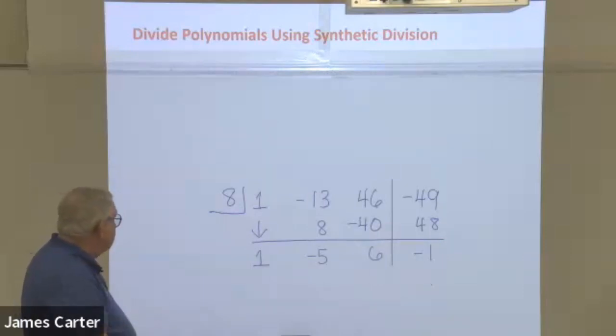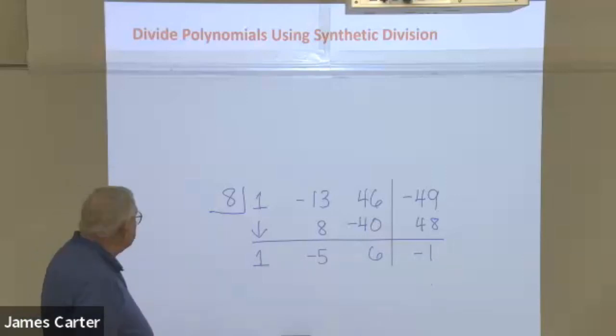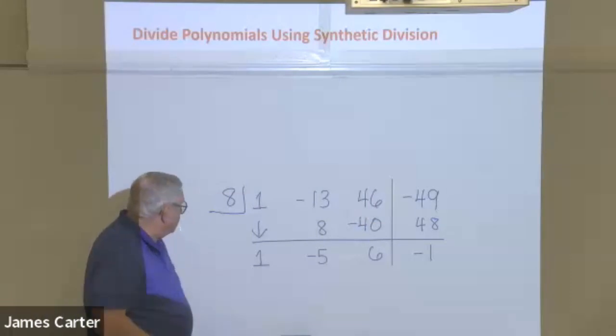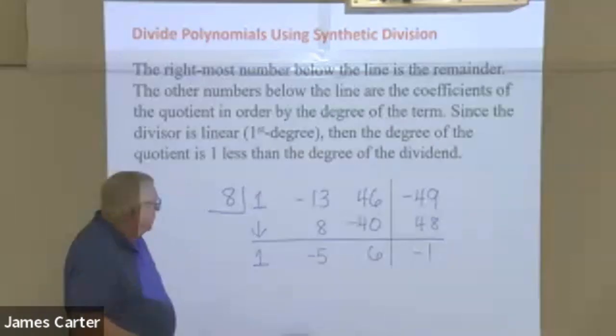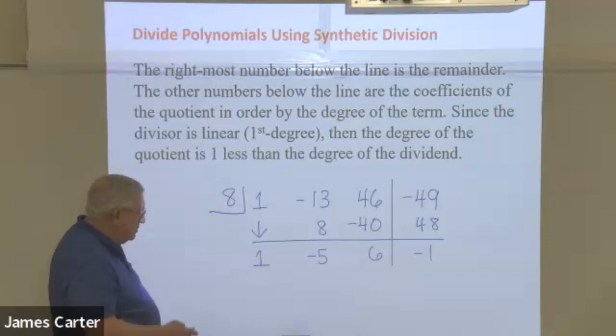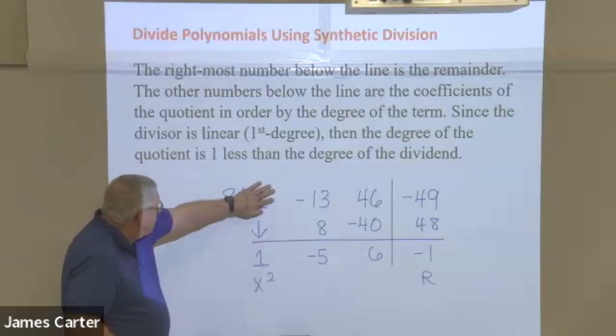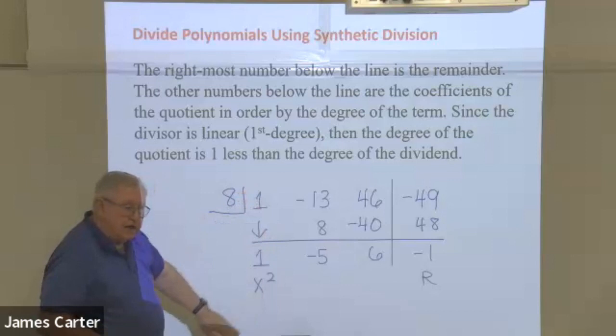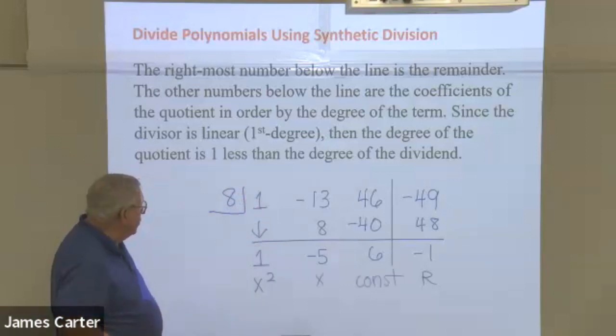Now, here we're continuing on this problem. We've got this worked out. We need to put the variable back into the equation, and we need to go ahead and deal with that remainder. You can see what it says here about that. The rightmost one is considered the remainder. So this is now, instead of an x cubed term, an x squared term and an x term.